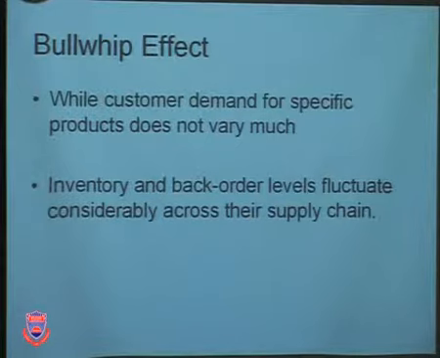Whereas if you go to the upper echelons of the supply chain, you start to observe that inventory and backorder levels fluctuate considerably across the supply chain. In other words, the customer has certain variability, but as you go up into the echelons of the supply chain, you see that the variability actually is more and more.